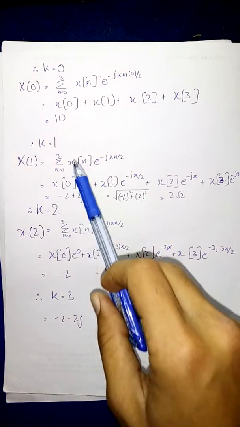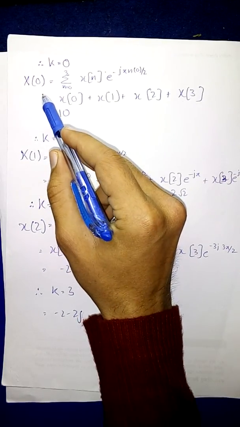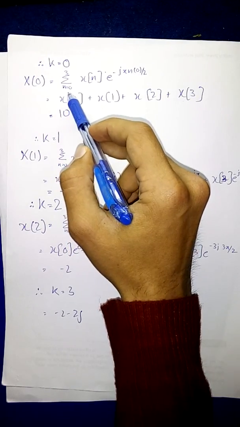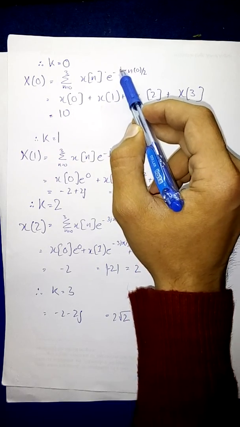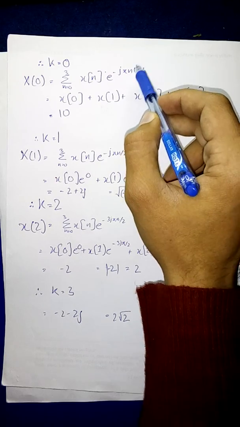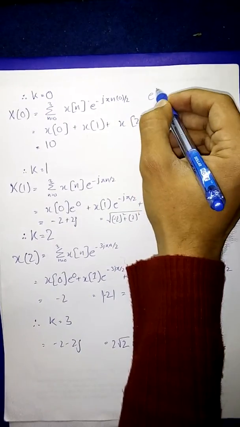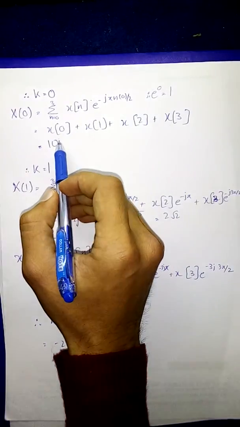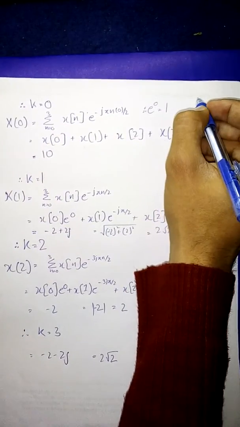Now when k is equal to 0 we have x of 0, and from n equal to 0 to 3, x of n times e to the power minus j pi n, and there k is input as 0, which gives 0. So e to the power 0 is equal to 1, so we neglect it going forward.